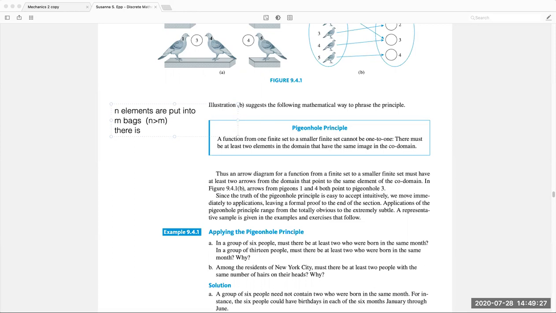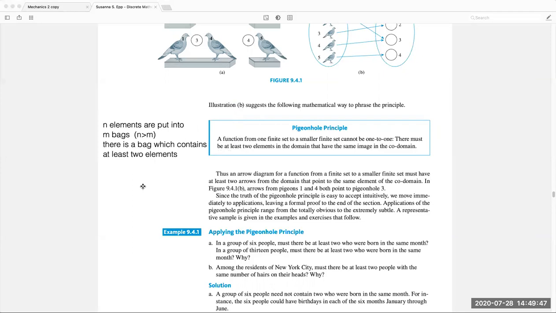And there is a bag which contains at least 2 elements. So this is a simpler statement of the pigeonhole principle. I think you should understand this one.